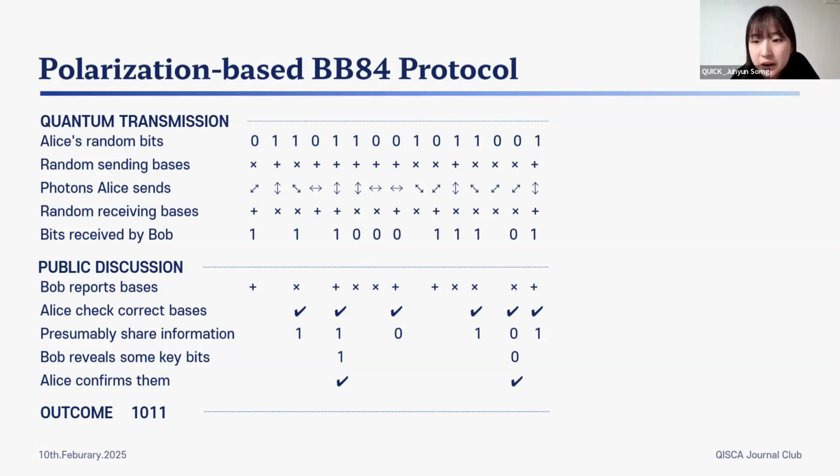If too many errors appear, they assume an eavesdropper might be interfering. Since the final key would be very long, even small disturbances caused by Eve would introduce detectable errors. This means that Eve's presence cannot go unnoticed. So that's how they keep this system secure. Yeah, the outcome could be the secured key.